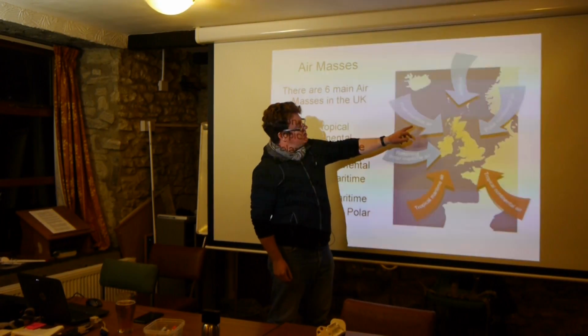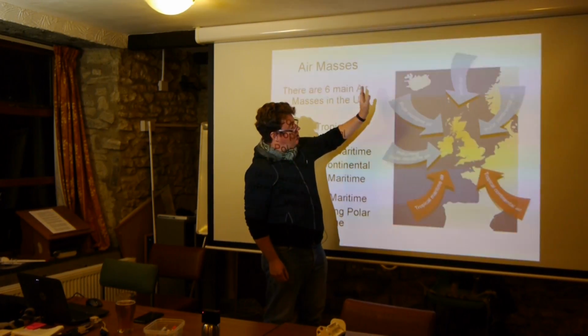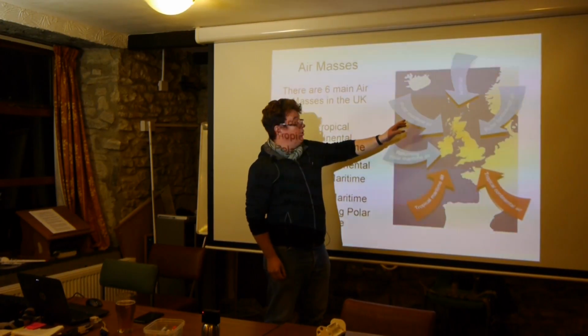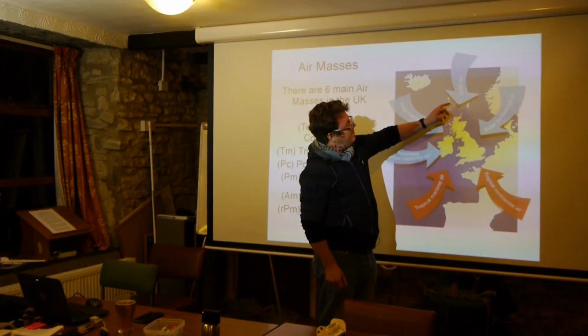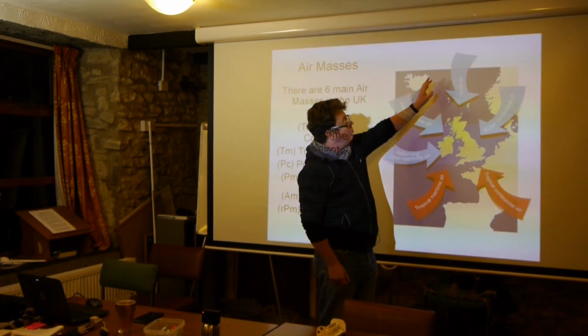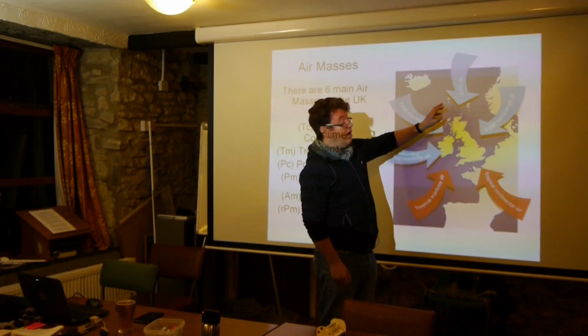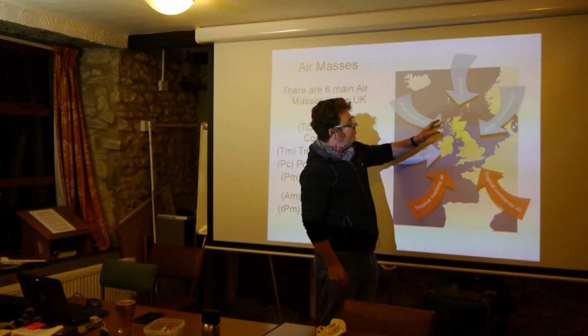Polar maritime air is very, very northerly. It's cold air, but it's primarily been coming from over the sea. Arctic air is coming directly down from the poles. It's very, very cold, very, very dry. It often arrives in a very vigorous, jet fashion.